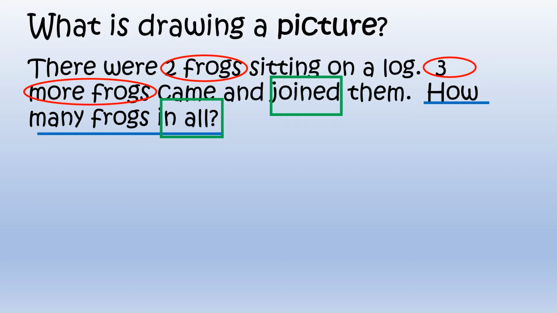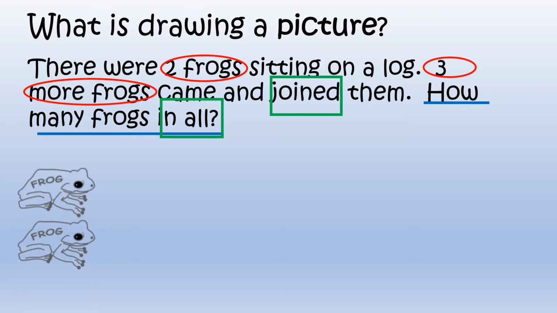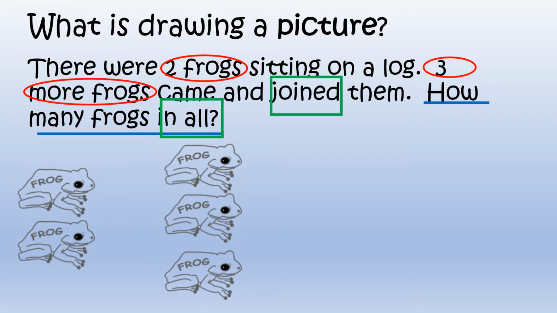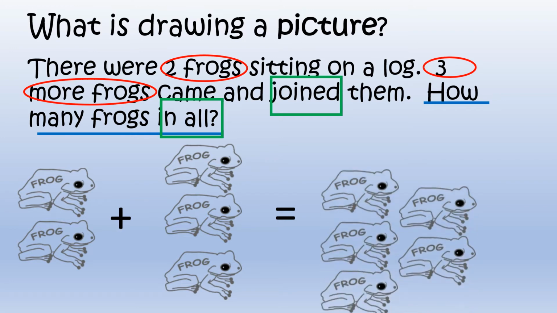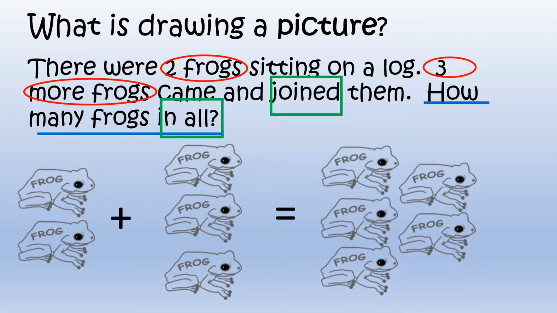So we're going to draw 2 frogs. And we're going to draw 3 frogs. And with our addition joined word, we're going to put an addition symbol. And our answer, how many frogs in all? 2 frogs plus 3 frogs equals 5 frogs.